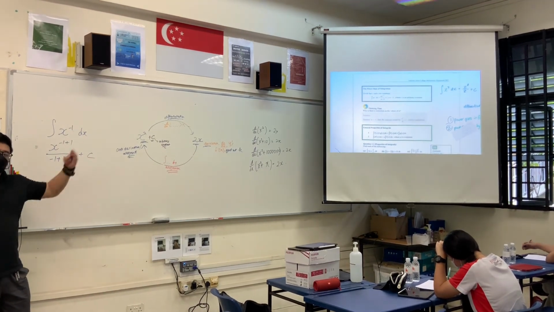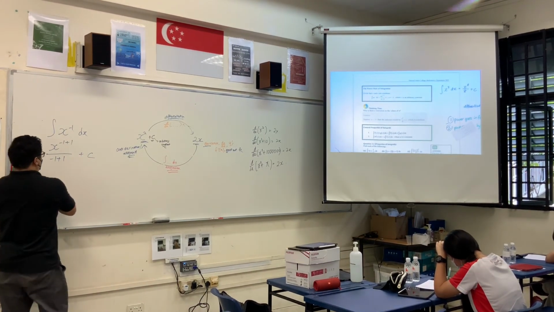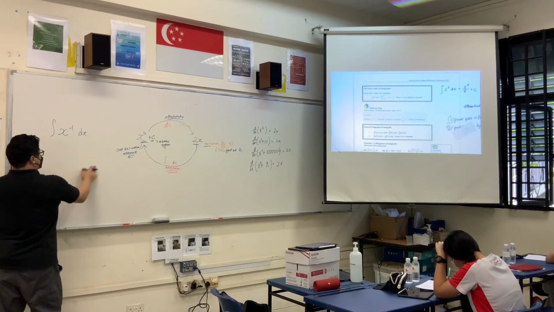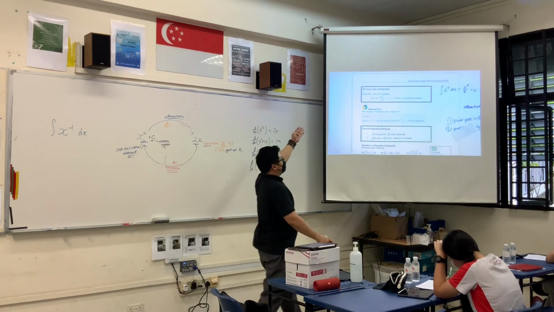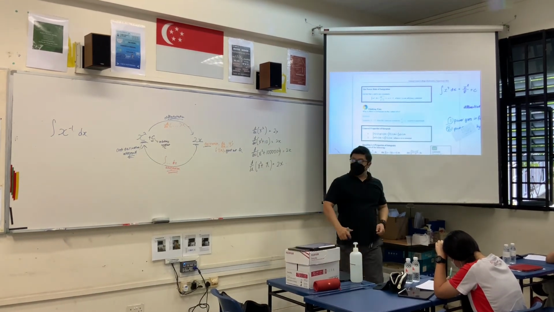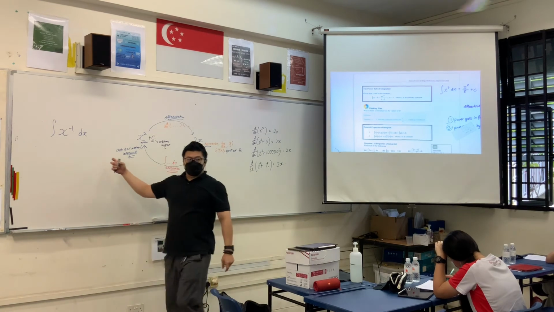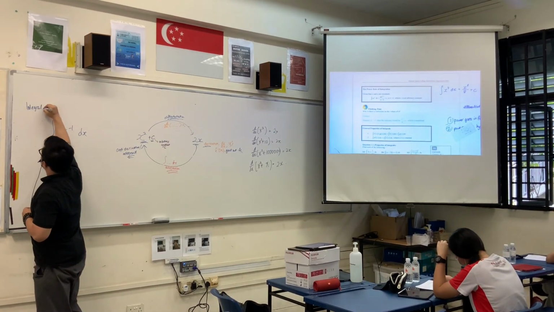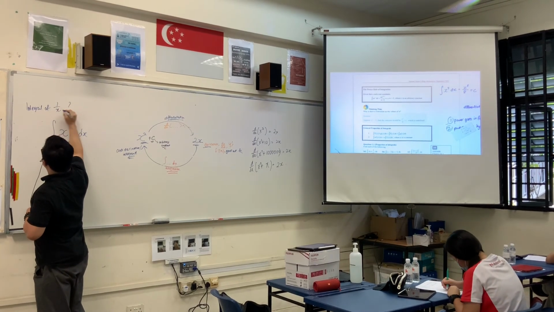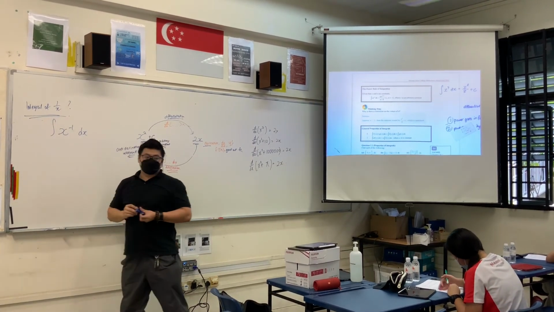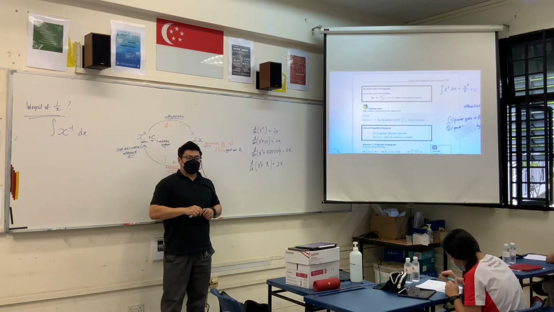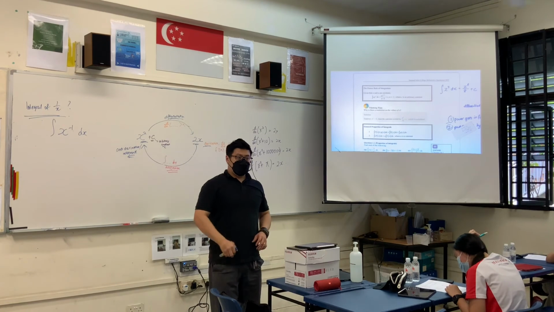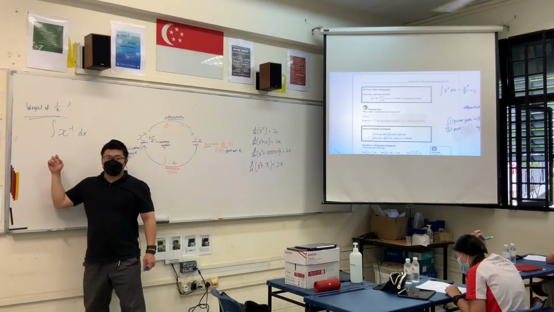So if n is -1, then what should the answer be? If I can't use this formula when n is -1, what should the answer be? What's the integral of 1 over x?